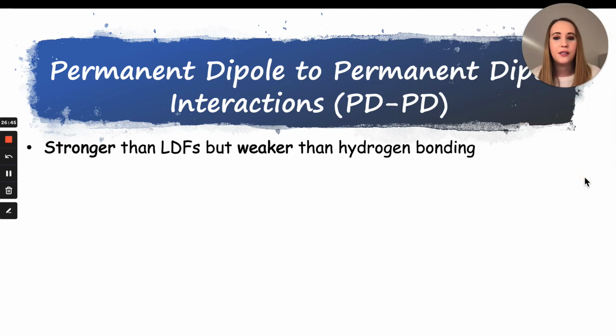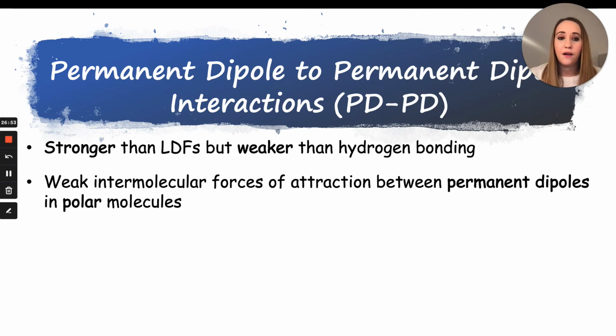So these are stronger than LDFs, but they're not the strongest force. Hydrogen bonding is stronger. They are attractions between permanent dipoles in polar molecules. So you do not find these in non-polar substances. You only find it in polar substances.